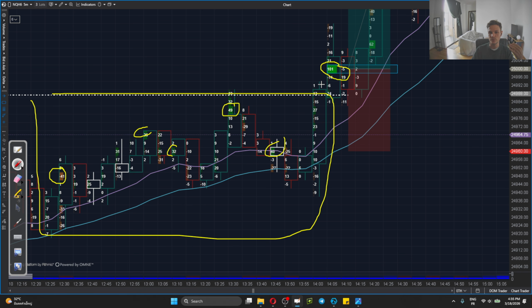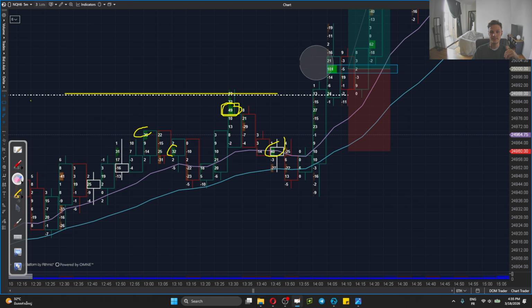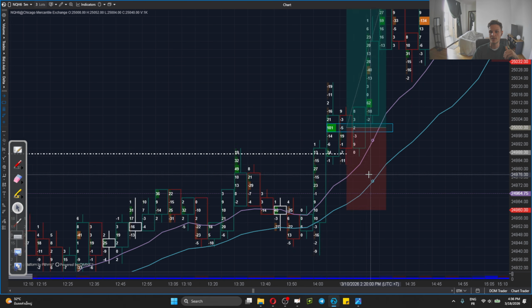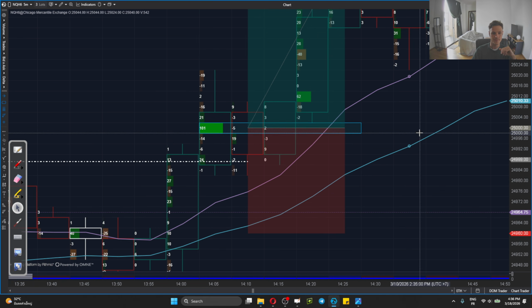And now, as we break out, we have double the amount, essentially, of the highest cluster we've had before, okay? So we have a huge spike in volume, and in this case, in positive delta, breaking out in a bullish breakout. So this for me is a bullish order block.